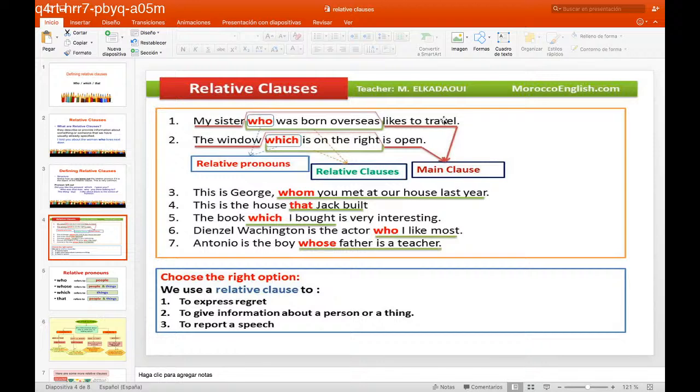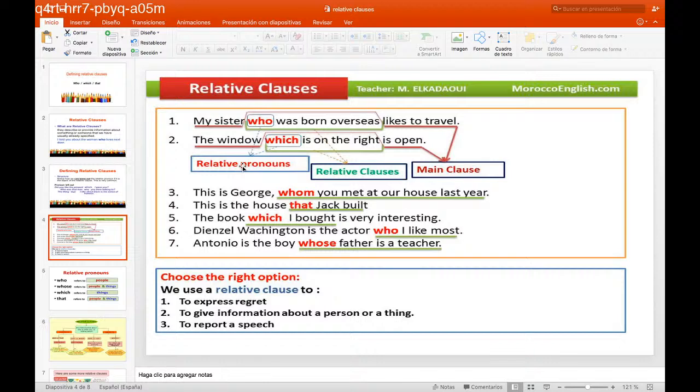Instead of repeating my sister, I use the relative pronoun who. Also, the window which is on the right is open. That means we have the window is on the right and the window is open.